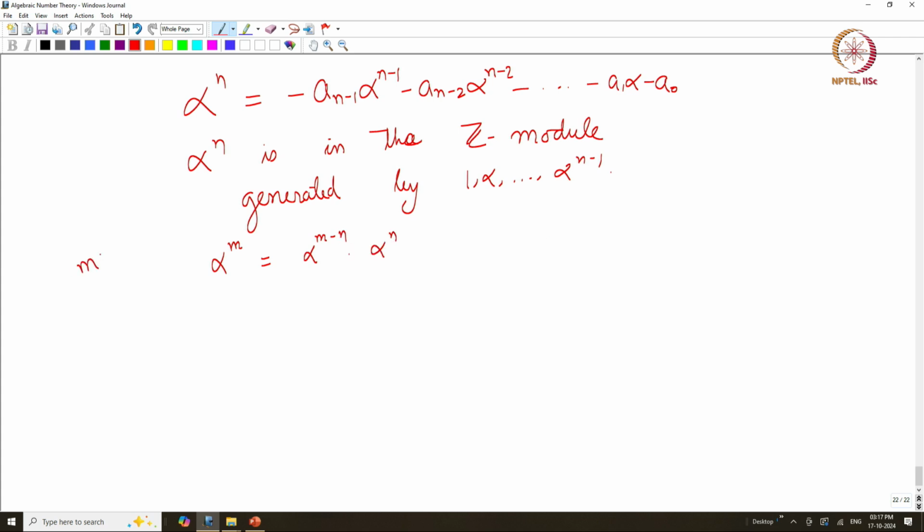So, for m bigger than or equal to n, we can always do that and proceed inductively. Okay. So, I will leave the rest of this as an exercise, but that proves that Z[alpha] is finitely generated over Z.